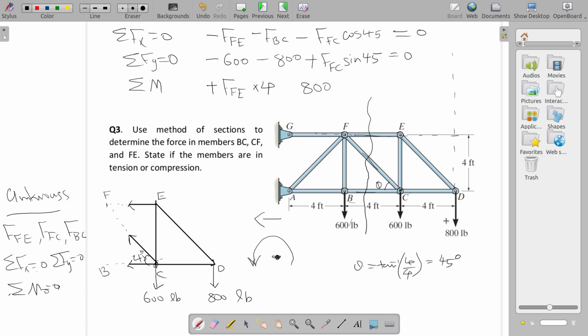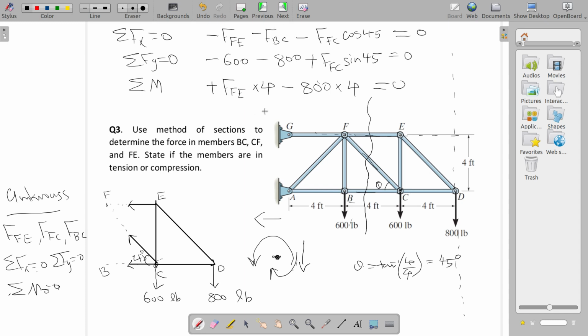This long line is the line of action. What is the distance between line of action of 800 pound and point C? That is again 4 feet, so 4, and it's acting in this direction, so it is tending to rotate the structure in clockwise direction, so negative sign, equal to 0. So you will get FFE directly from this equation, and FC directly from the other equation. Substitute here and you will get FBC.